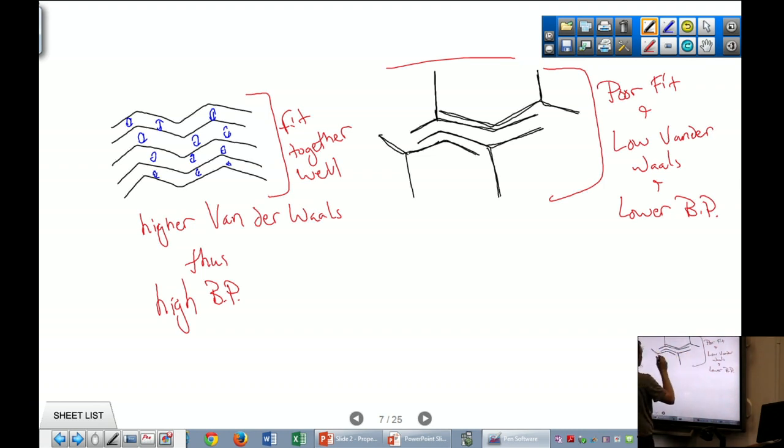So you get poor fit, and then that leads to lower van der Waals interactions, and then a lower boiling point. So the better they fit together, the more they're able to, I don't know, spoon, right? The better they spoon, the higher their van der Waals interactions. Poor spooning, low van der Waals interactions.